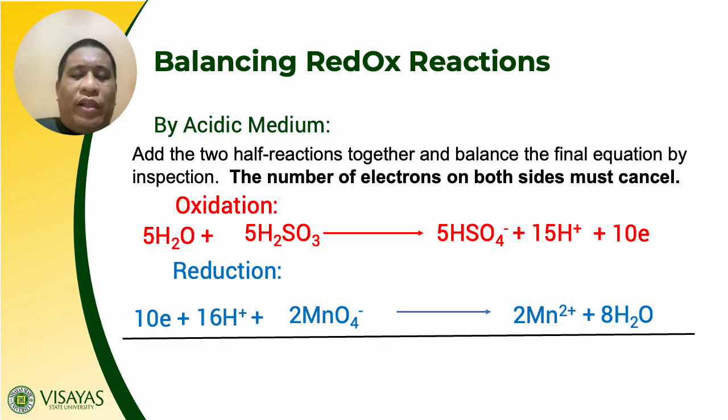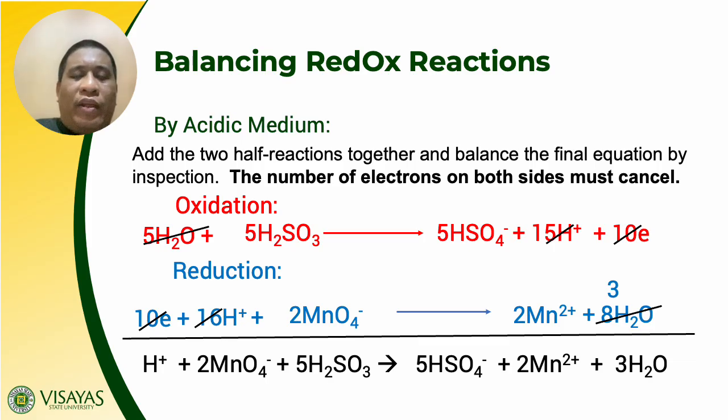As we can see here, we have 10 electrons which are cancelable, and then the 15 H plus cancel against the 16 H plus, which leaves a remainder of one H plus on the reactant side. For H2O, there are 5 versus 8, so the residual H2O in the product side would be 3. Then we can combine the entire equation into this form.